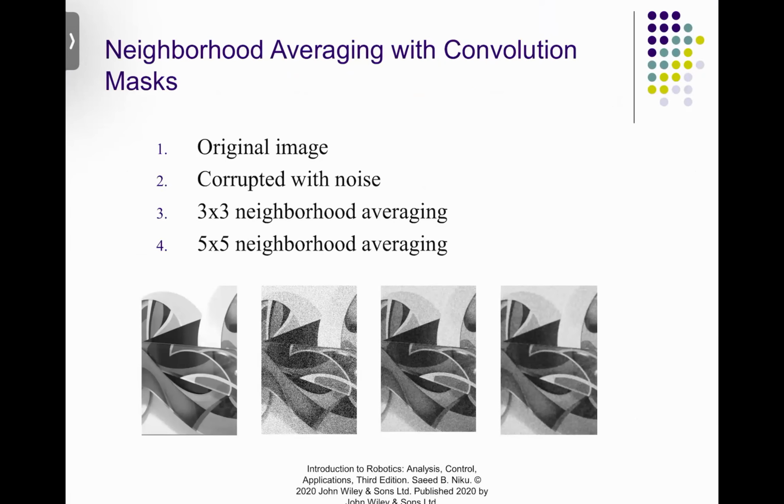For example, there is another concept called neighborhood averaging, when you take the pixels, use a mask, and then change the values so that you get an average image. So you will see the original image, the corrupted image, the 3x3 neighborhood averaging and 5x5 neighborhood averaging, and that would affect the appearance of that image.